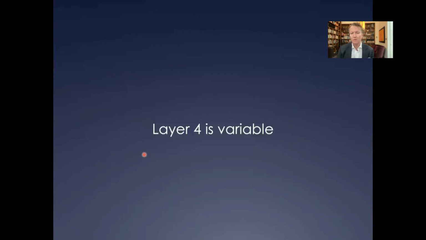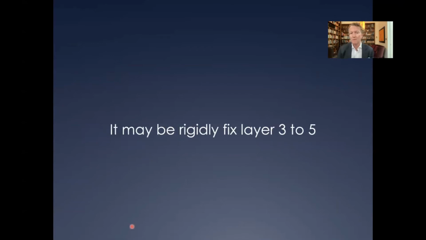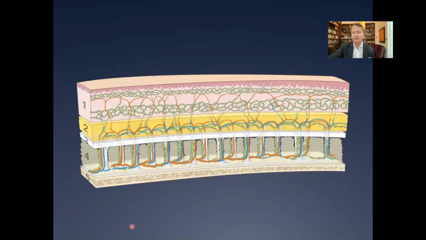We know that layer 4 is variable in that it may rigidly fix layer 3 to layer 5, like this, where you can see it is rigidly binding everything together. And this would be analogous to the sole of the foot or the palm of the hand.